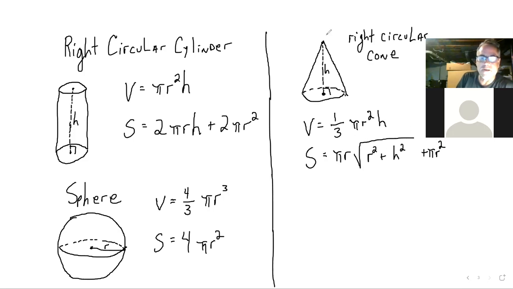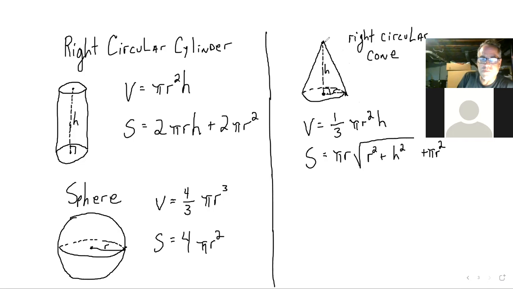This part right here is giving you the surface area of everywhere else on the cone. And where this is coming from, the square root of r squared plus h squared, if I imagine coming straight across to here, that radius would be r. And what I have is a right triangle.